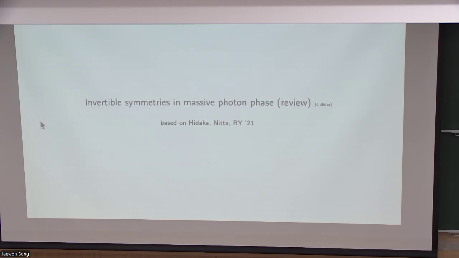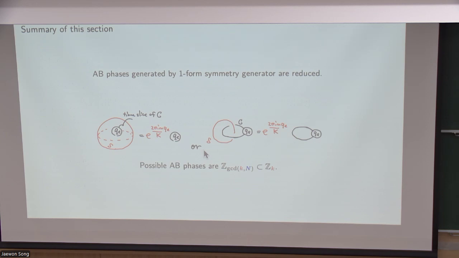This is also a review part based on this paper. The summary of this section is that the Aharonov-Bohm phases generated by the one-form symmetry generator are reduced in the presence of the axion-photon coupling. The possible Aharonov-Bohm phase is given by the greatest common divisor of the charge of the Higgs field and the coefficient of the axion-photon coupling.